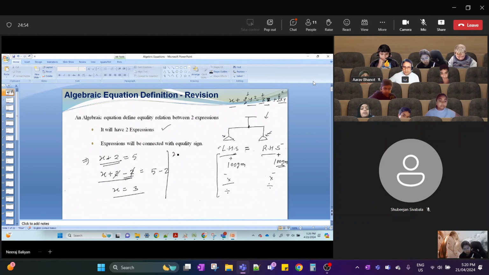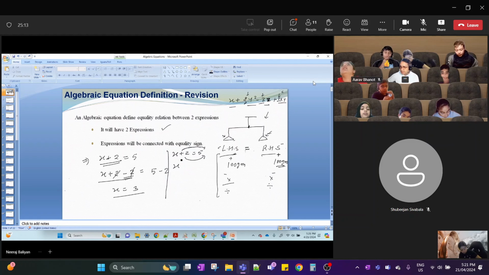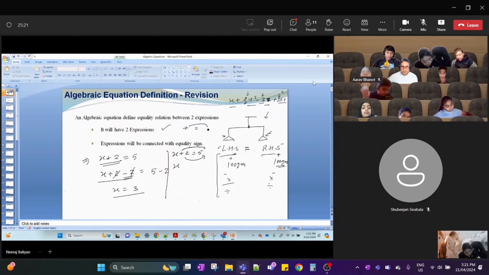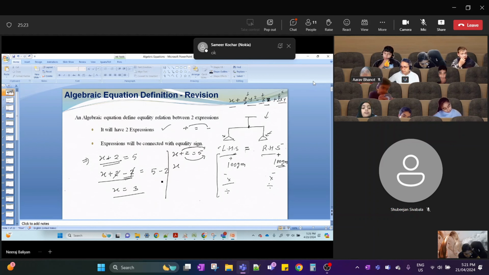If we have this equation x plus 2 is equal to 5, we will keep x alone on left hand side and this 2 will be shifted on right hand side. What does it mean? Whatever term we are shifting across sides, their sign will change. If some term is positive on left hand side, when it moves on right hand side, it will become negative.